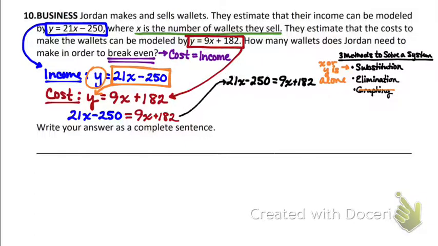I want to get my x's to the same side here, so I'm going to subtract 9x from both sides. What is 21x minus 9x? 12x. So 12x minus 250 equals 182. Then I would add 250 to both sides.